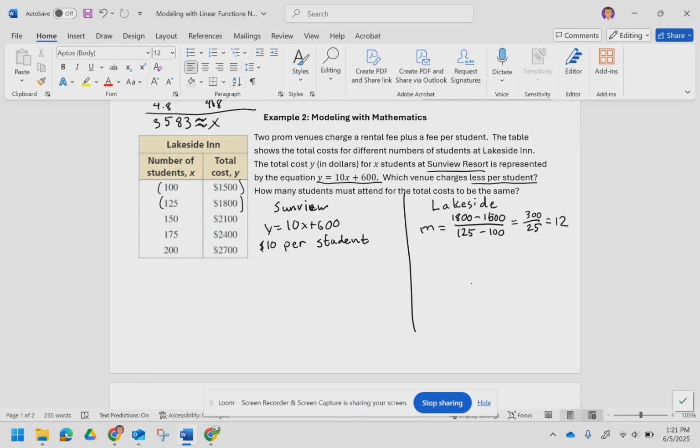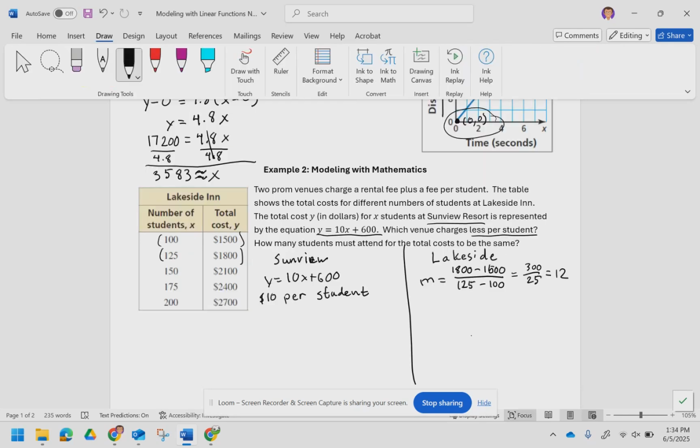All right, and now let's go ahead and find the equation to this. So I'm going to use these first points and use point slope form. So y minus 1500 must be equal to the slope 12 times x minus the x value, which was 100. Okay, and then let's go ahead and get that to the other side.